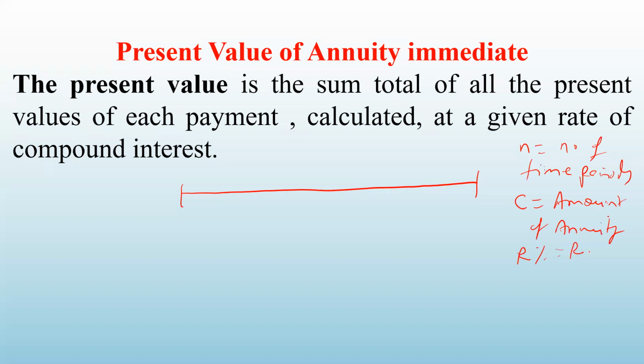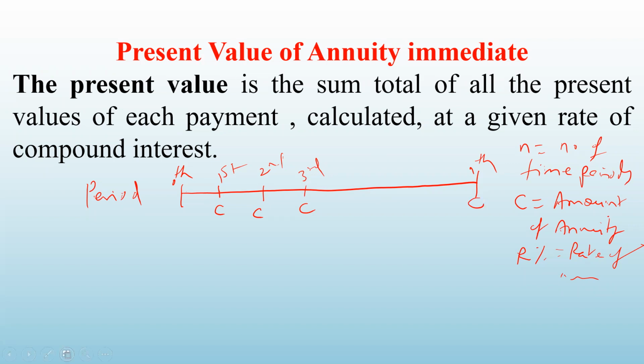Okay, so this is the period, the first period ends here, second period, third period, and so on, nth period. And every time the annuity is paid at the end of the period, so the last installment will be here.